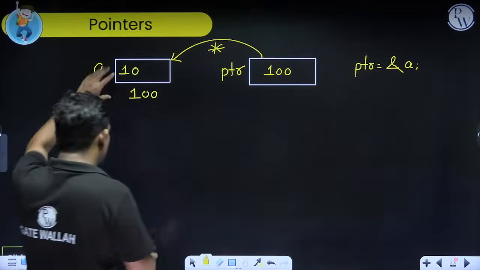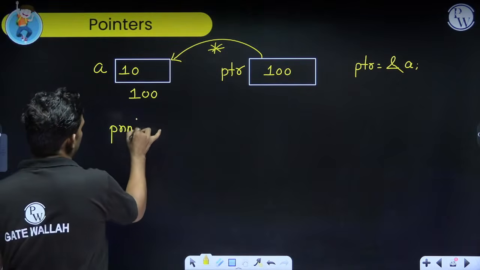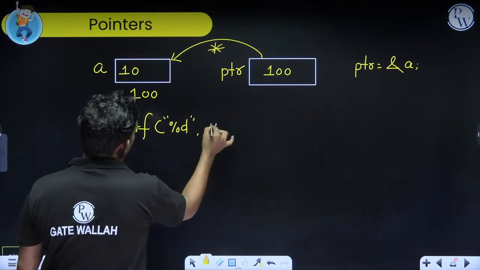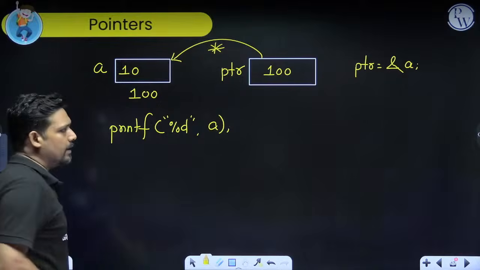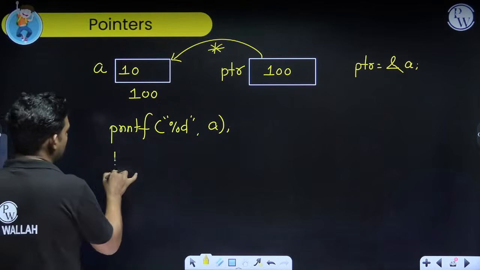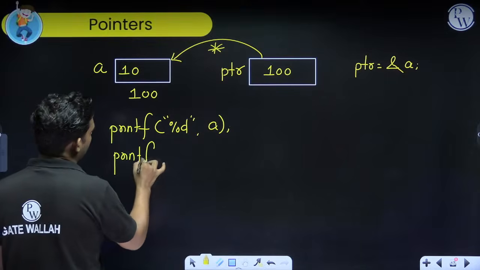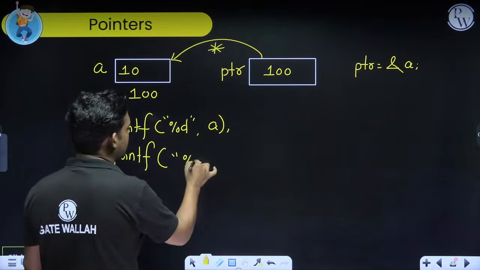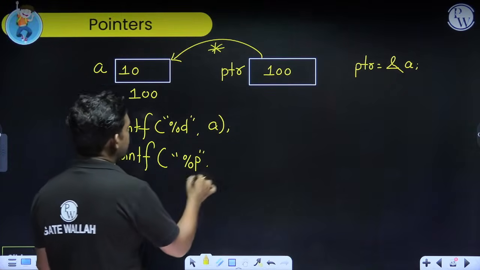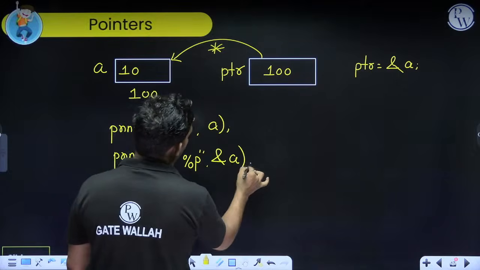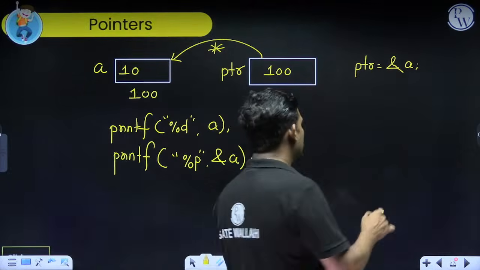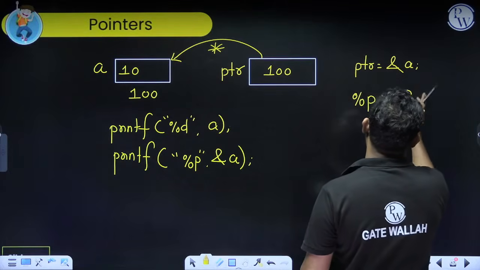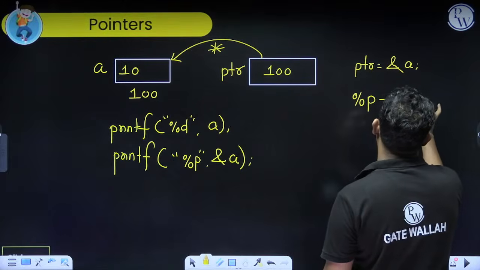Now if I want to print a, no doubt it's a trivial thing. I'll say printf %d and a. So a will be printed here, in this case 10. Now if I say printf and %p, that is my favorite, but I say %p, and ampersand a, address of a. %p is another format specifier for printing the address.